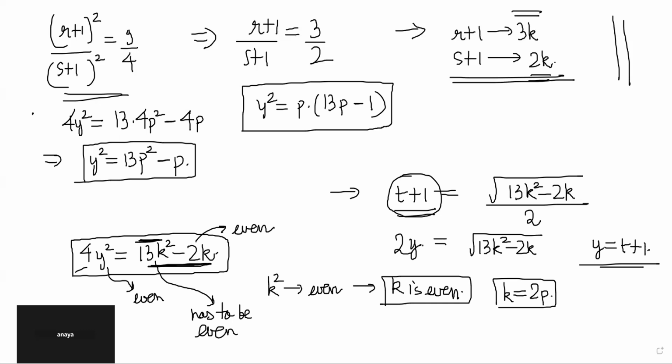How can the product of p and 13p minus 1 be y square?